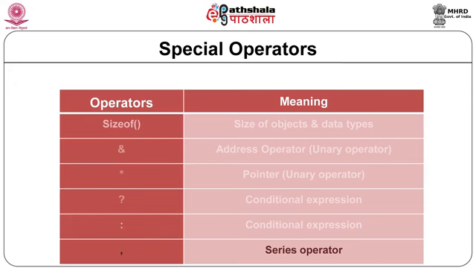Then the pointer is also a unary operator which points out the address of a variable. The conditional operator is used to check whether a condition is true or false. This operator differentiates both the conditions, and comma, that is the series operator, is nothing but a series operator used to separate variables or characters.